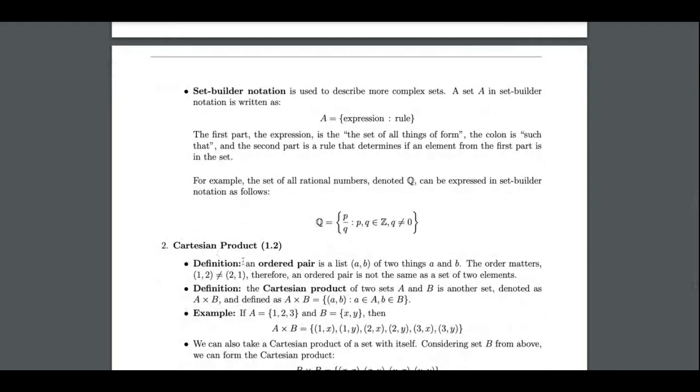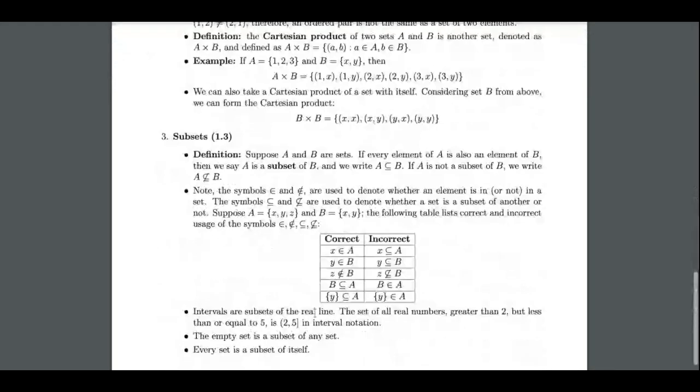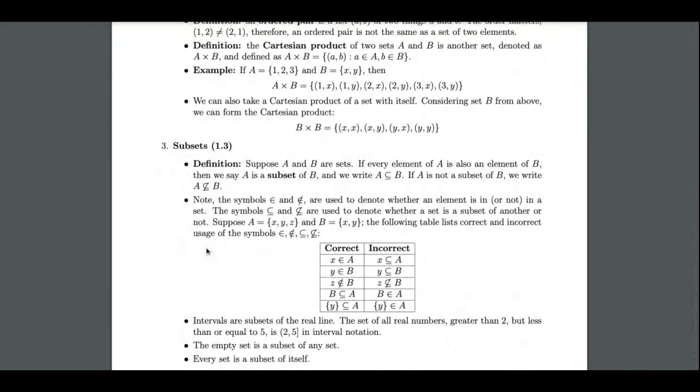So I'll skip Cartesian product. I'm going to talk about subset first, because we just finished talking about sets. Now let's think about a subset. A subset is just a part of the set. Suppose A and B are sets. If every element of A is also an element of B, then we say A is a subset of B, and we write it in this notation.